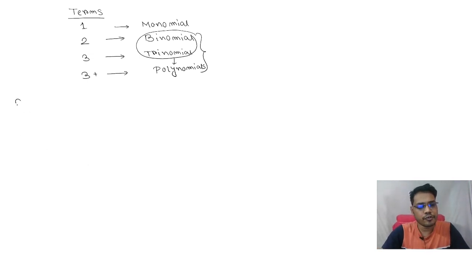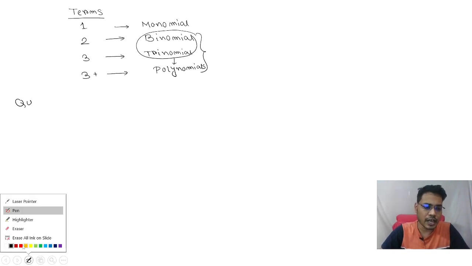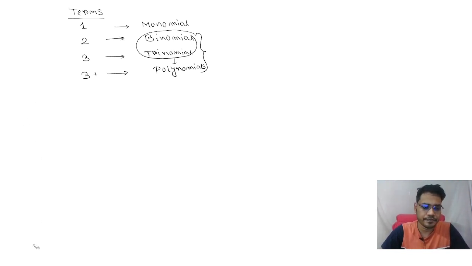Now we have to learn about the quadratic polynomial. First we will learn how many types of polynomials there are. Okay, so various types of polynomials are there. The first we will learn about is the linear polynomial. What is a linear polynomial?